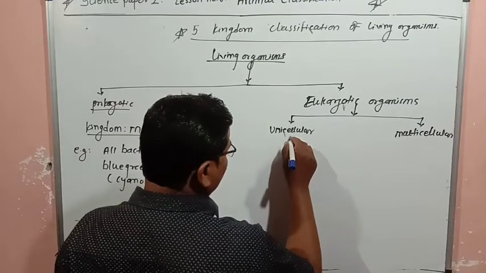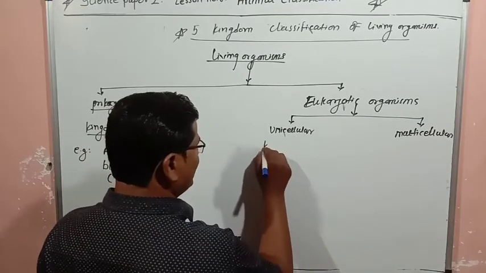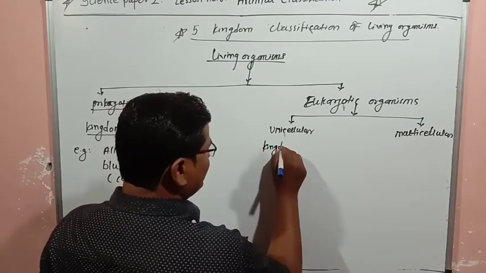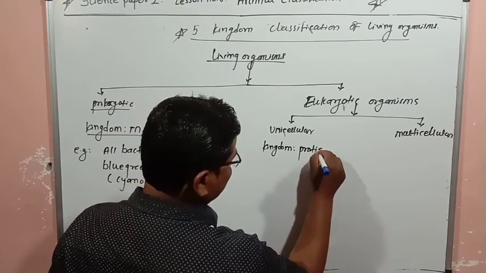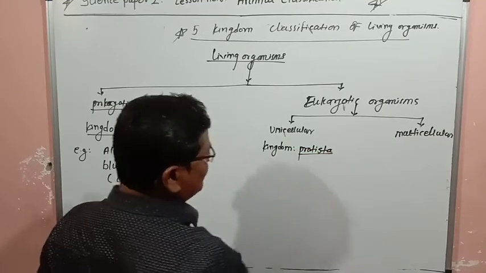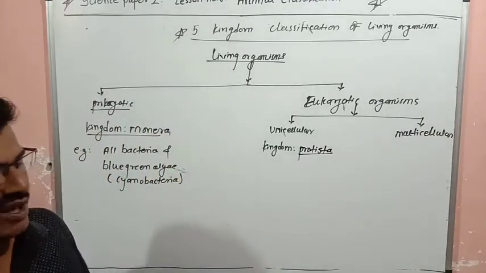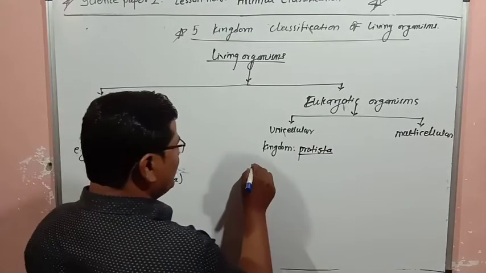In unicellular, one kingdom is there, and that is kingdom Protista. In this, which organisms are coming?